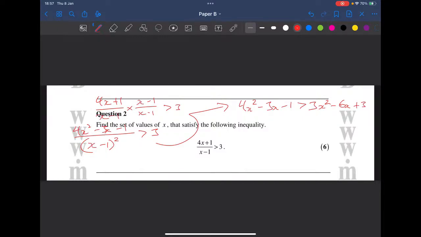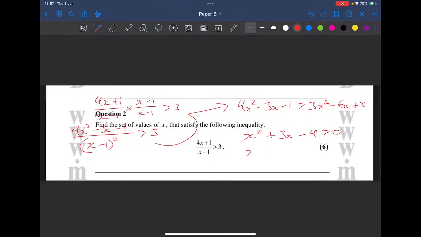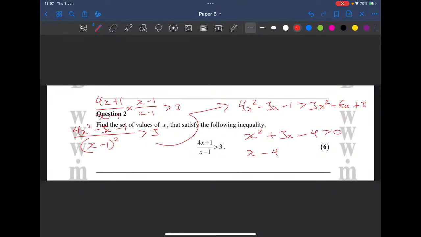Let's make this into a quadratic. So we're going to have single x squared, a positive 3x, and a negative 4 is bigger than 0. Factorising this, x plus 4, x minus 1 is bigger than 0. So x would be equal to 1 and minus 4 if this was an equation, but it is an inequality, so we want this to be positive.